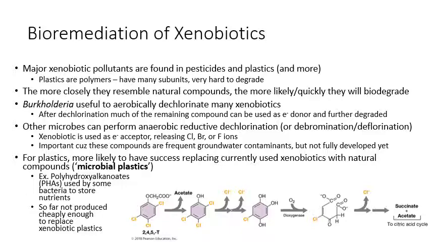So you have microbes that can do that for xenobiotics that are chlorinated, but you also have a lot of xenobiotics that are brominated or fluorinated, so they've had a bromine or a fluorine atom, one or more, added to them. So you have as well microbes that can do anaerobic debromination and anaerobic defluorination, where the compound is used as an electron acceptor, and that process of accepting the electrons onto it and reducing it kicks off the bromine or the fluorine or the chlorine.